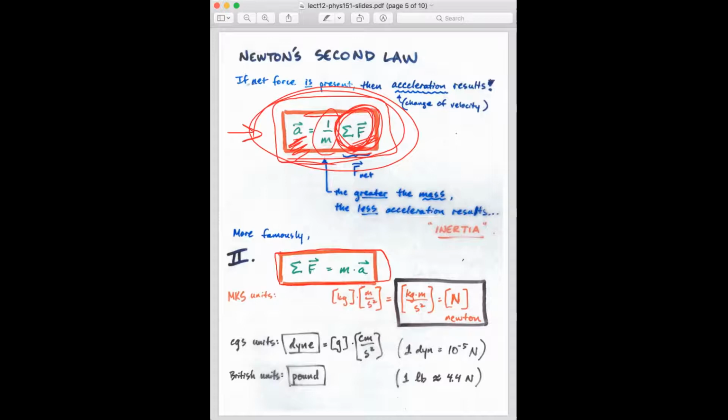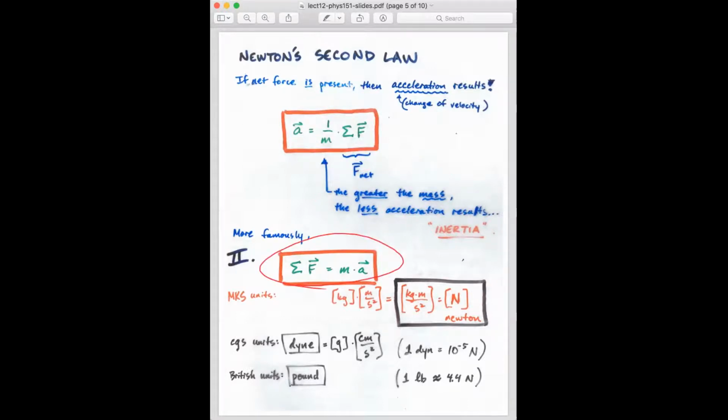This shows you how mass is a measure of sluggishness when it comes to acceleration. Okay. However, unfortunately, everybody learns it this other way down here. So F equals ma is the way that everyone memorizes it. And that's fine if you write it that direction. You'll see me write it that direction most of the time as well. Okay, but I want you to mentally think about it the first way.